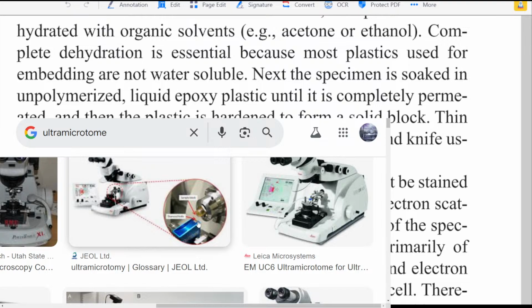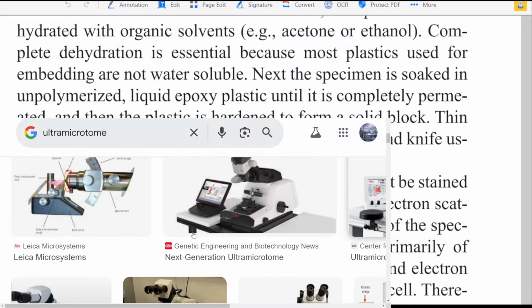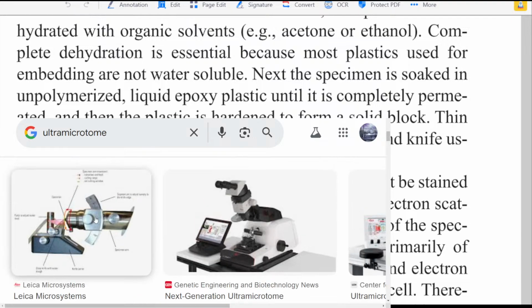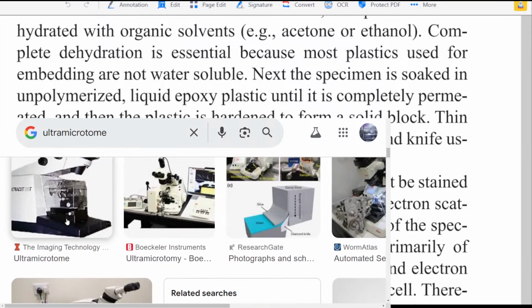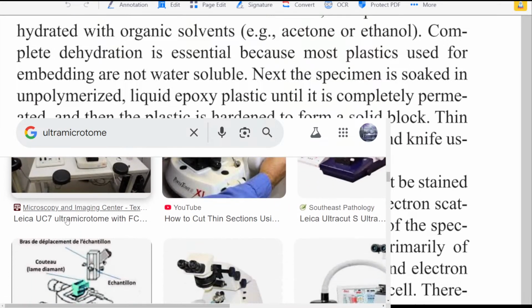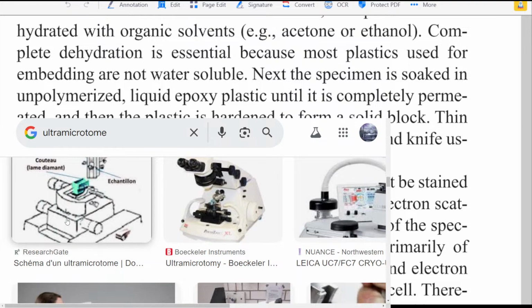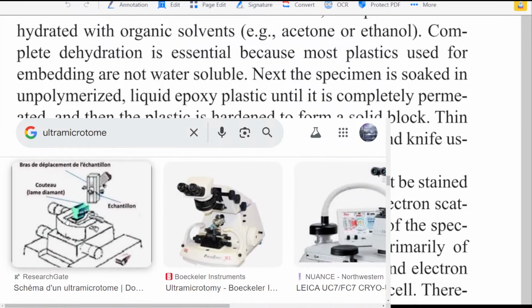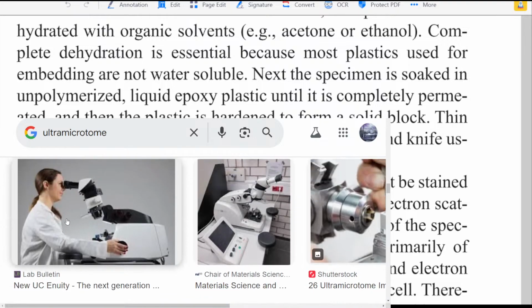It is attached to an even bigger machine, and you bring the specimen near it for it to cut. It's almost invisible. This is the knife and this is the specimen. I think these kinds of things make sense only when you see them in real life. Images don't help much.